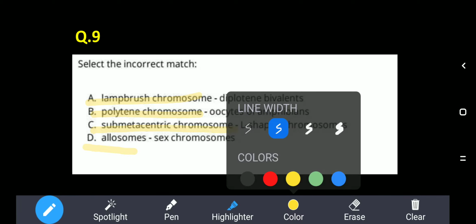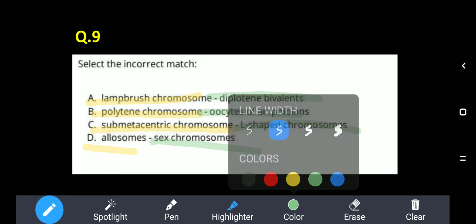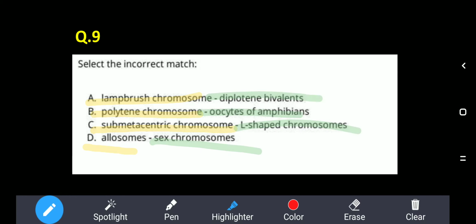On the other side, we have diploid bivalents, oocytes of amphibians, L-shaped chromosomes, and sex chromosomes. Okay, so here we have some important concepts which I want to discuss, about the giant chromosome.